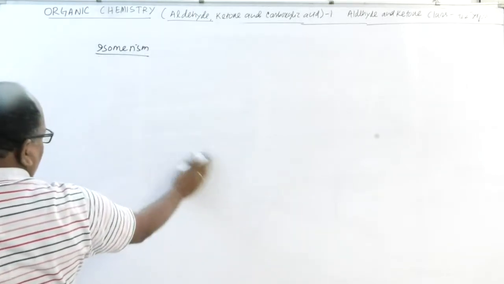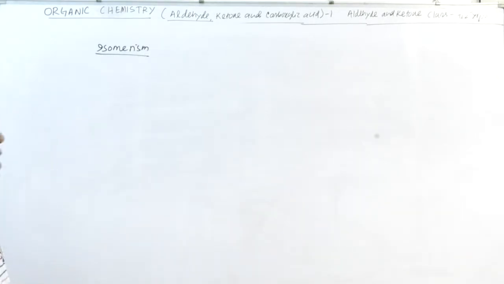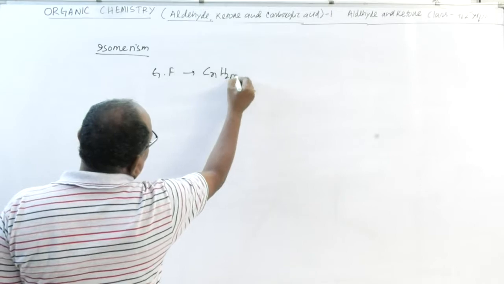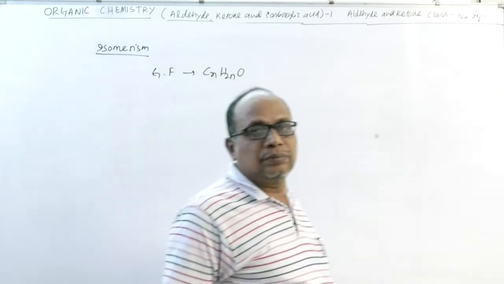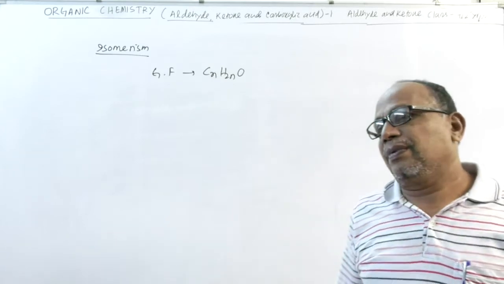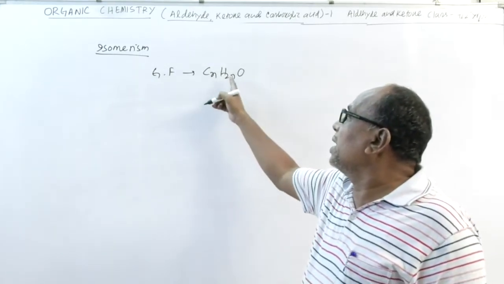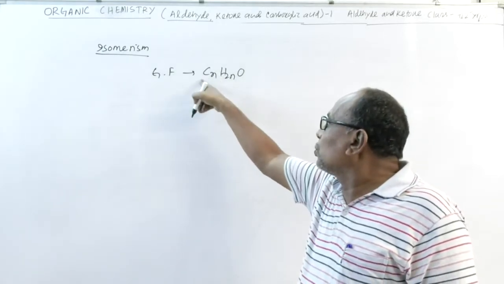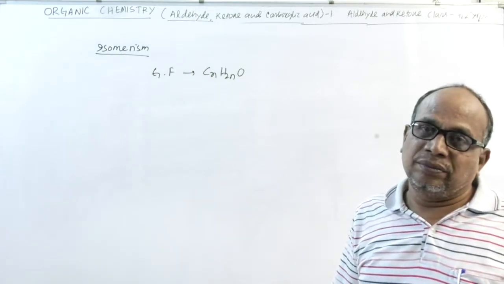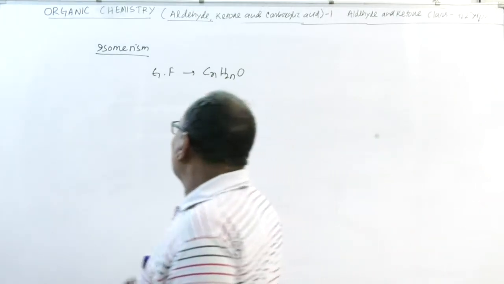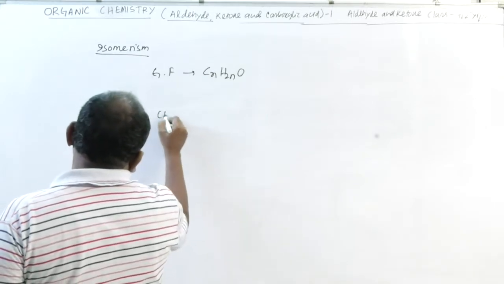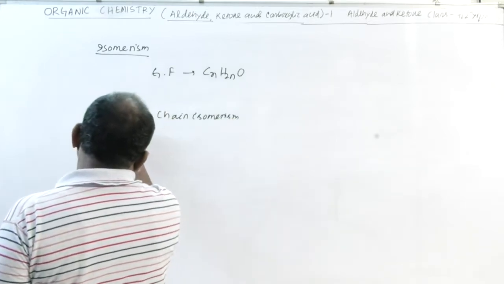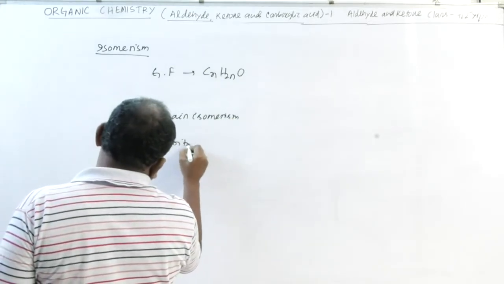In isomerism, the general formula of aldehyde and ketone is CnH2nO, which means the number of hydrogen atoms is 2 times that of the carbon atoms. Aldehydes and ketones can exhibit chain isomerism and position isomerism.